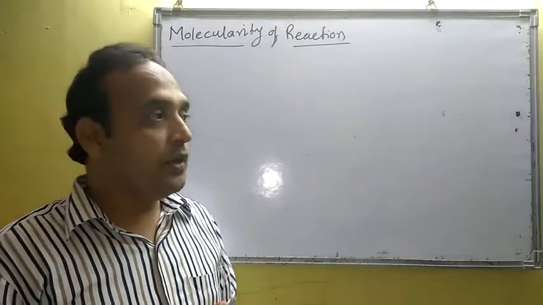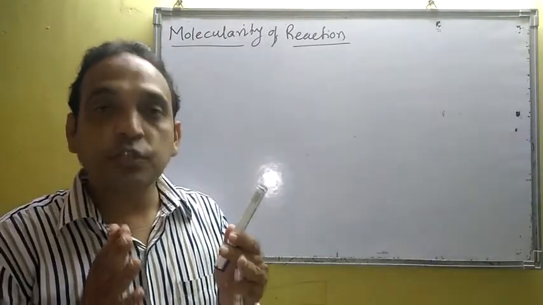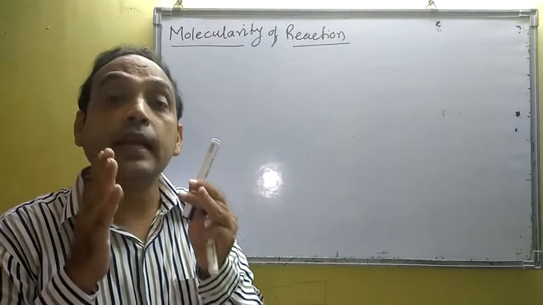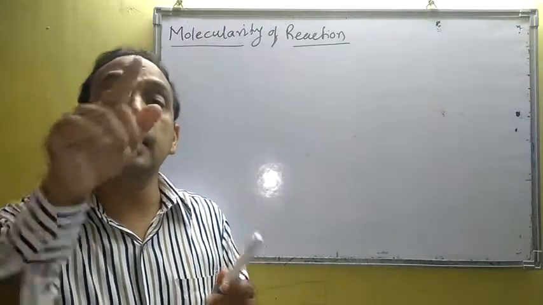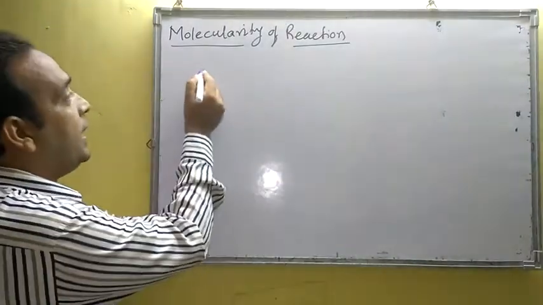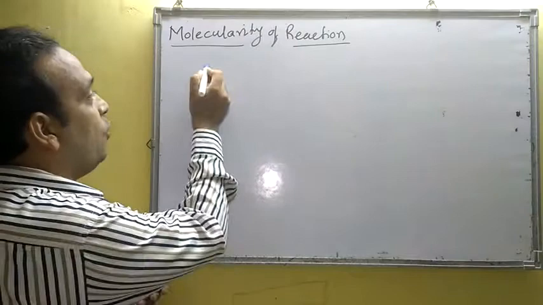So what is the molecularity of a reaction? Molecularity refers to how many reacting molecules, reactants, are involved in the reaction. For example, I am writing the decomposition of ozone gas.